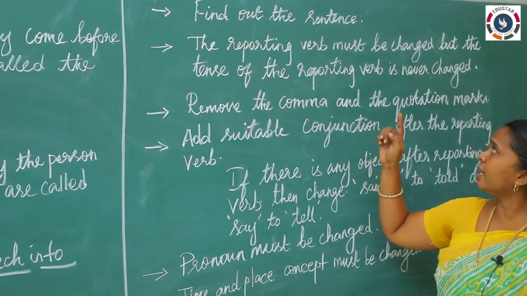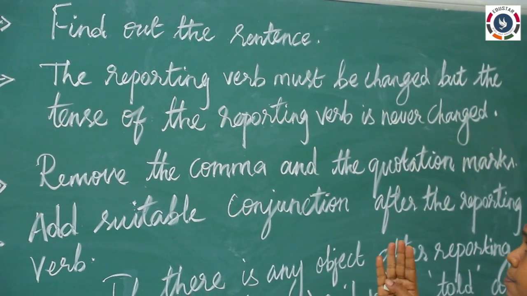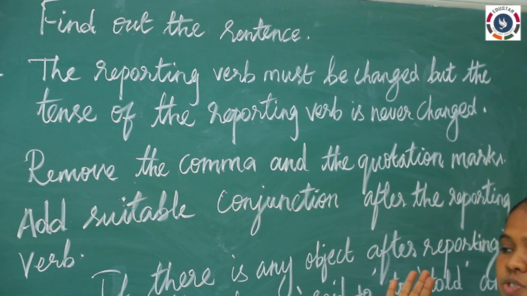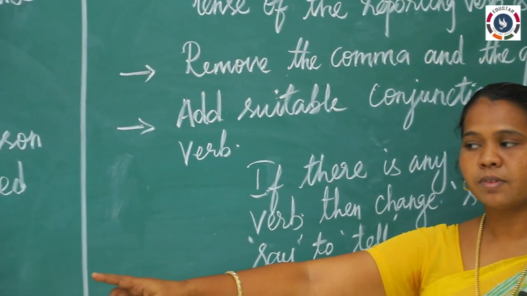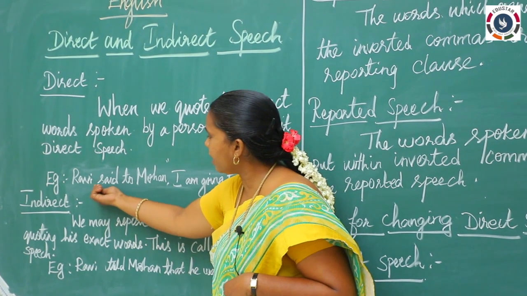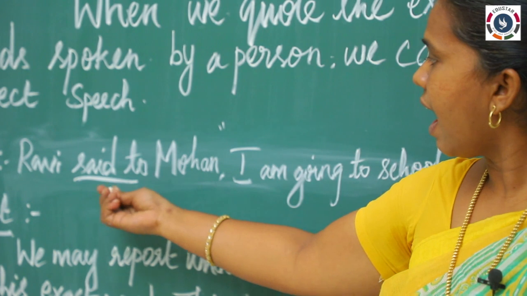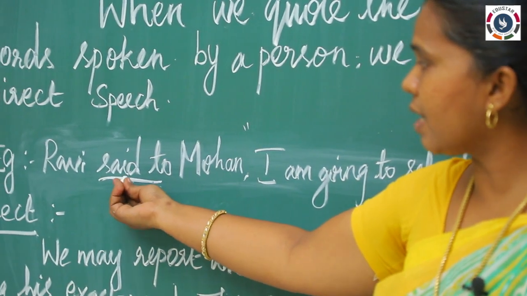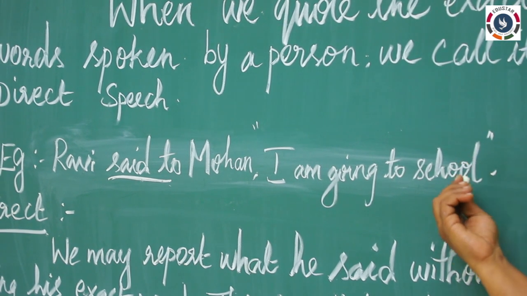Second point, the reporting verb must be changed, but the tense of the reporting verb is never changed. And look at that example. This is reporting verb. And this one only we are going to change according to the types of sentence.